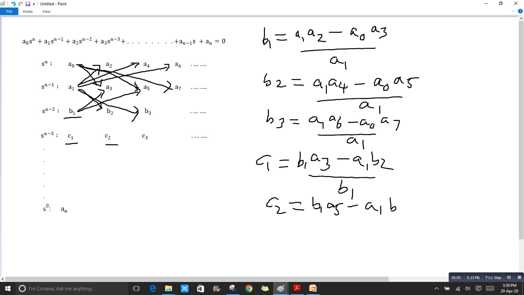Next, c3, c4, c5, and so on up to the s^0 row elements should be calculated to construct the Routh array. So this is the process of constructing the Routh array.